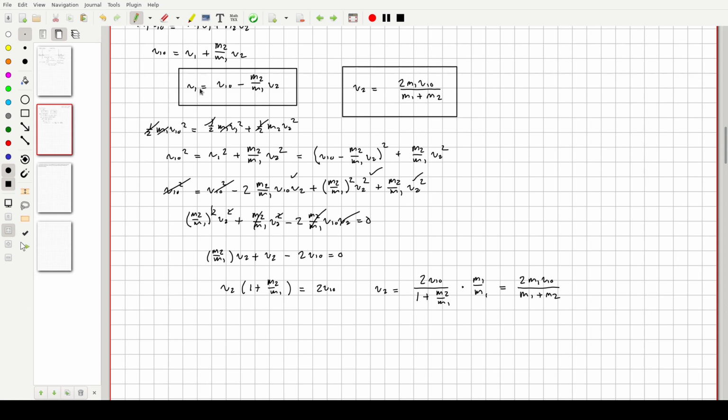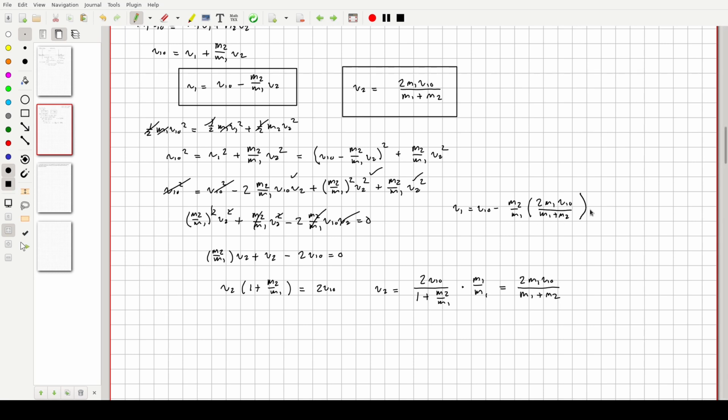We still need to massage this in a form that works, because this has got V2 in it. So let's go ahead and plug V2 into this. I'm going to do that over here. So V1 is equal to V1 naught, that's coming from this, minus M2 over M1 times V2. Now V2 is 2M1 V1 naught divided by M1 plus M2.